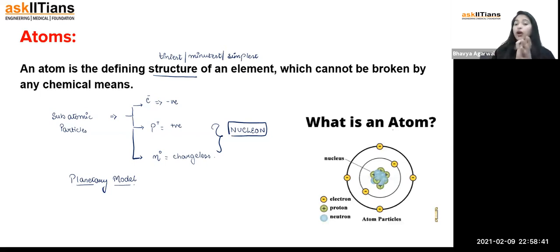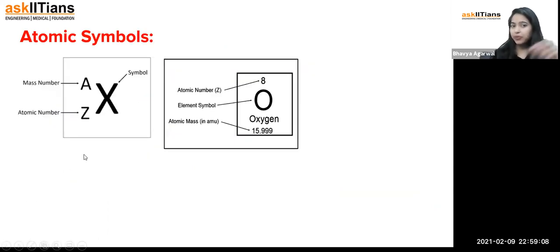As per this model, there is a central heavy body, known as the nucleus, around which all the electrons revolve. This central nucleus contains your protons and neutrons. This is the model that we have for any atom.